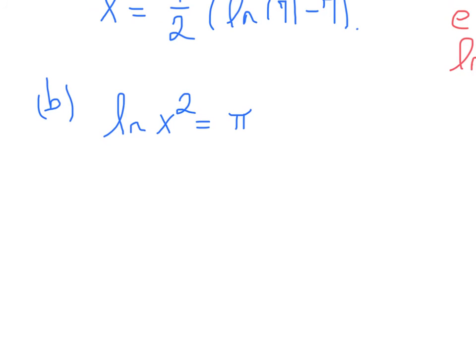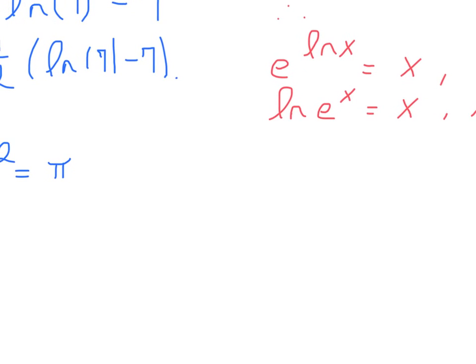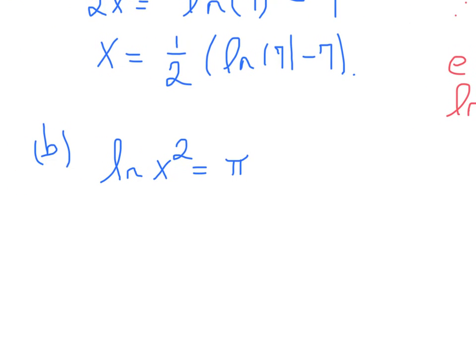So remember, we are trying to solve for x here, and we need to get rid of this logarithm. So, as said before, we need to apply the inverse of the logarithm function to get rid of it. And what is that? The inverse of the logarithm is the exponential function. So we're just going to apply e to both sides of the equation, and that will get rid of our logarithm.